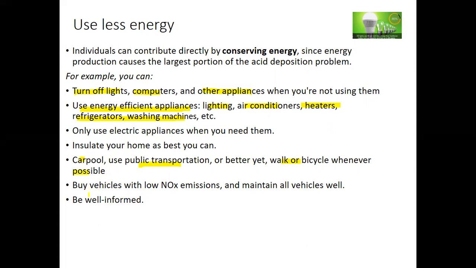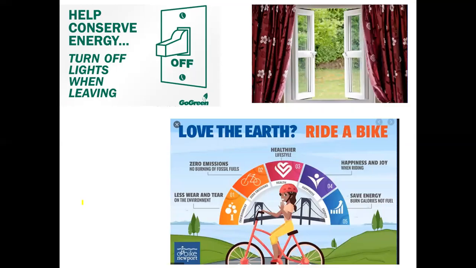Then we can buy vehicles with low NOx emissions and maintain all vehicles well, and be well informed. We can inform our parents and our friends about this situation, and ask them to reduce the consumption of energy unintentionally.